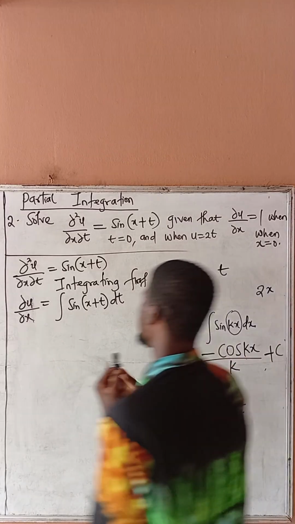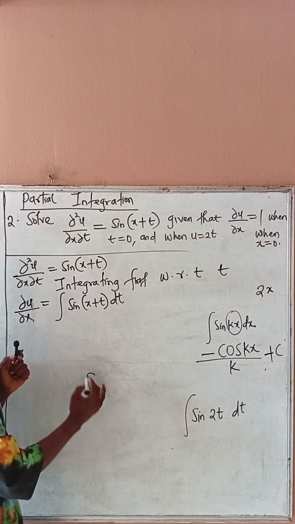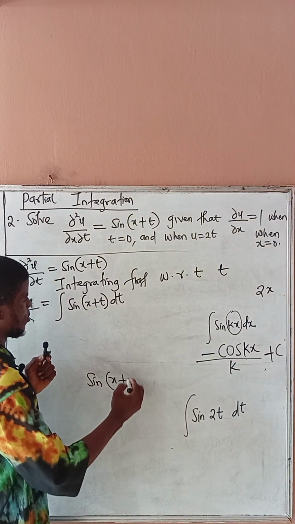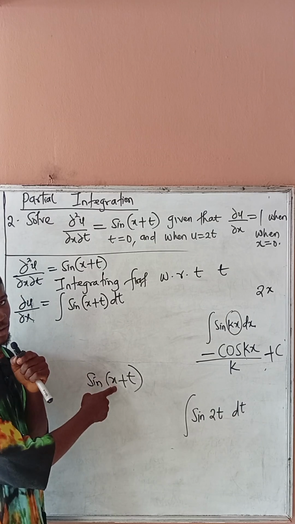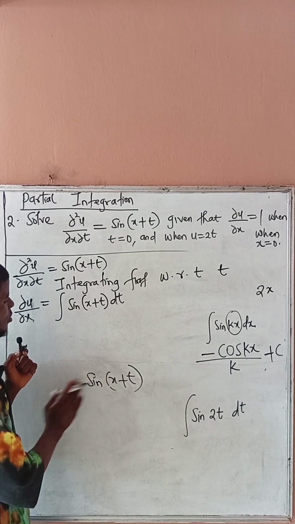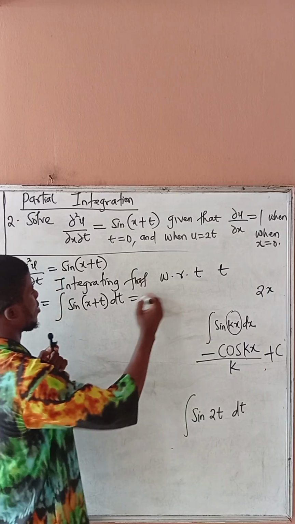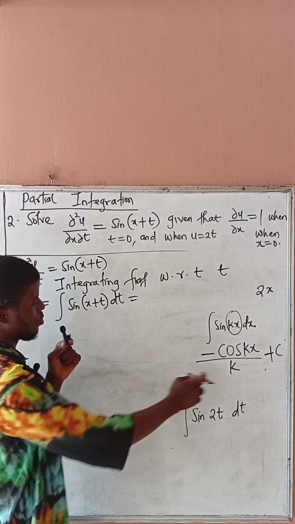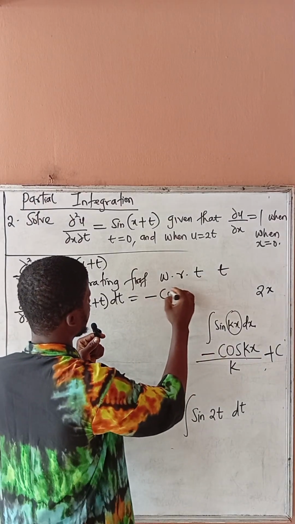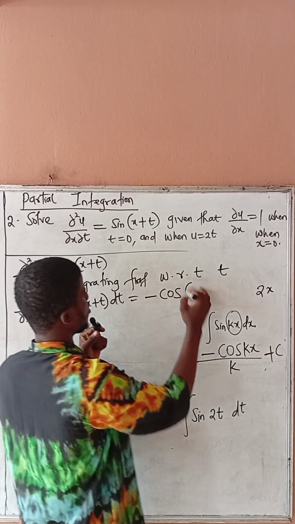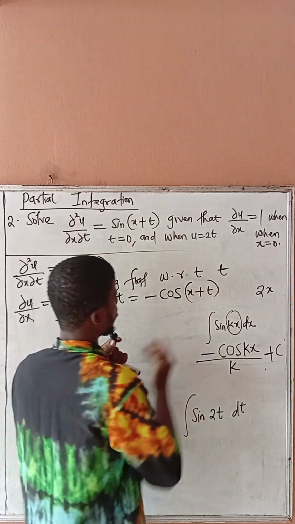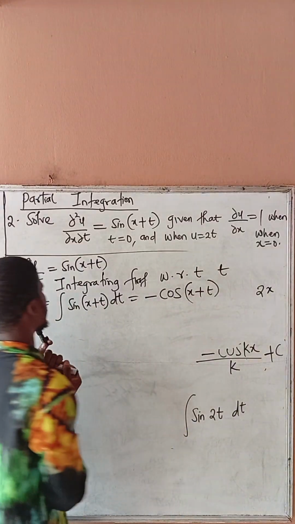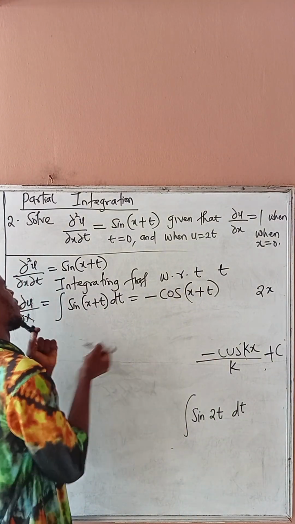So in this case now, I have sine x plus t. We are considering x as a constant. So if I want to integrate this, it will be integrate sine, we got what? Minus cosine. Then write what is inside, x plus t. Then I'm going to divide by what now? Just like what we said here.